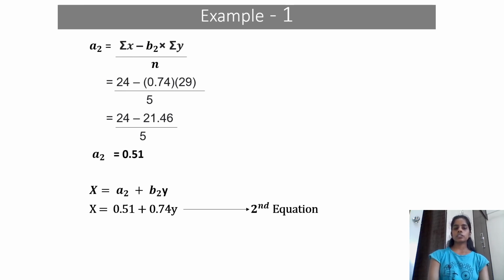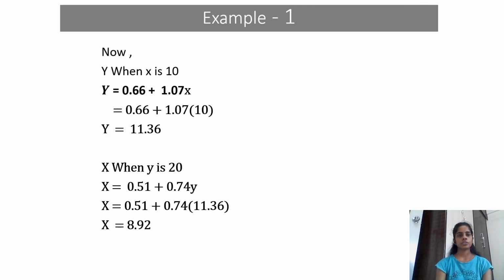So the regression equation is x is equal to a2 plus b2y, and now we get x is equal to 0.51 plus 0.74y, and y remains the same. So we get the second equation. So till now we have two equations, that is y on x and x on y.